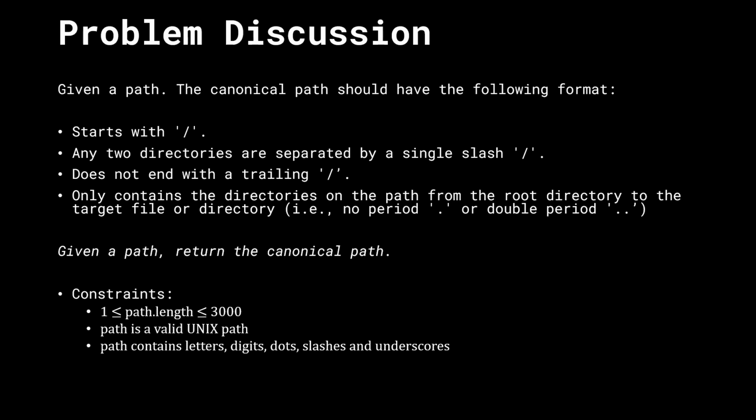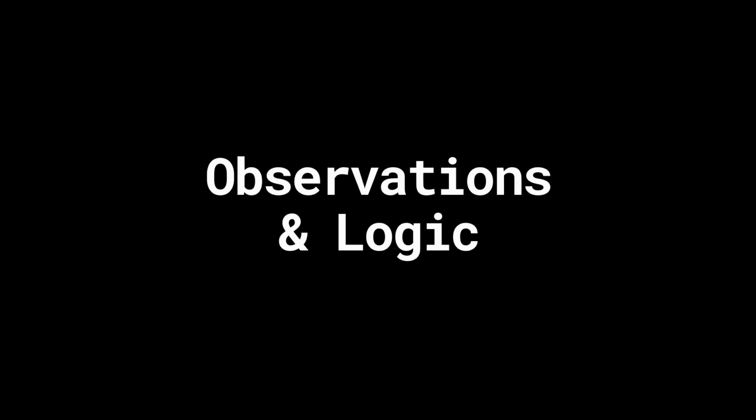Now, period and double period have special meanings. Period basically says that wherever you are, stay. That is, whatever directory you are on currently, just stay over there. Double period means take a step back, right? So whatever directory you are on, take a step back. All right, let's try to formally build up our intuitions and our logic. All right, let's take a couple of examples to understand this better.